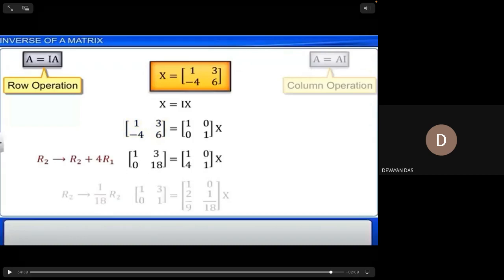So directly divide the second row by 18. When the second row is divided by 18, it is going to become a 1.